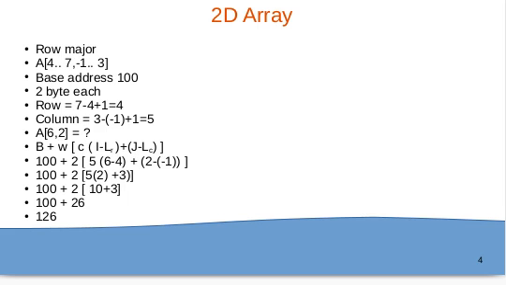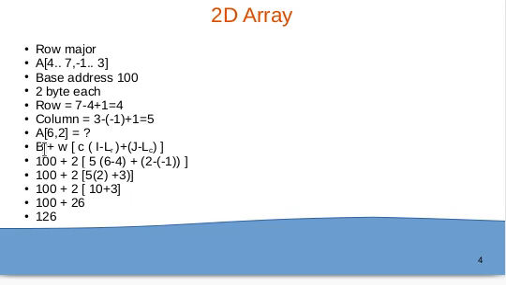Now in another way, if the array is written as A[4..7, -1..3], that means rows start at 4 and end at 7, and columns start at minus 1 and end at 3, and it is mentioned that base address is 100 and each cell requires 2 bytes. Now we have to calculate rows equal to 7 minus 4 plus 1, that is 4, and columns equal to 3 minus minus 1 plus 1, that is 5. So number of rows equal to 4 and number of columns equal to 5.